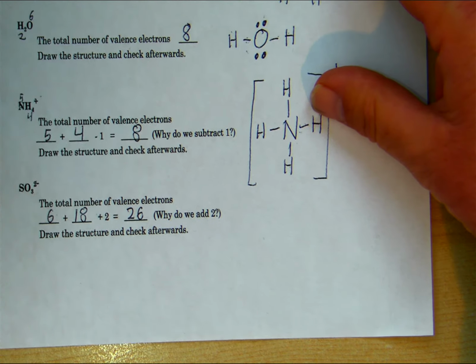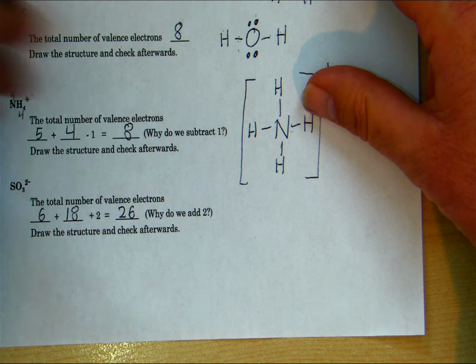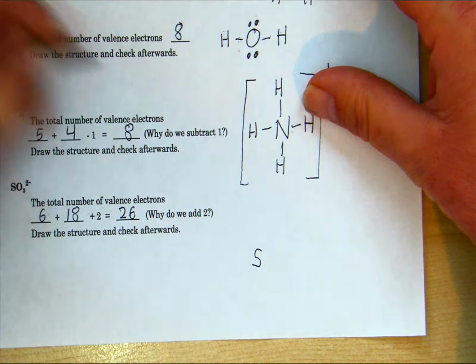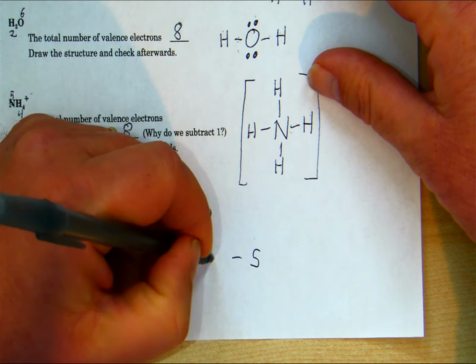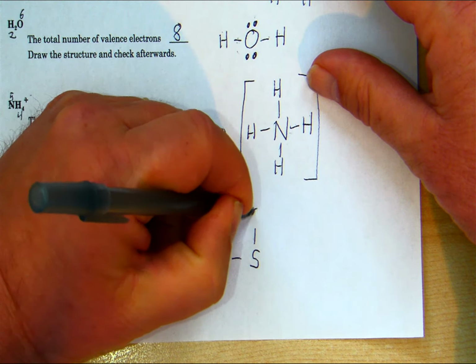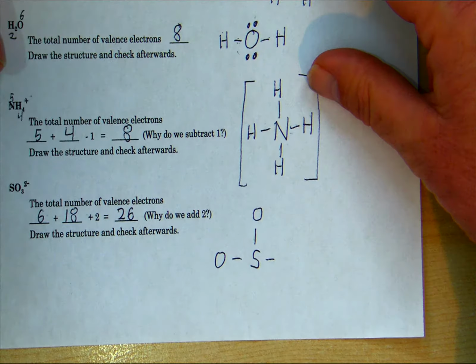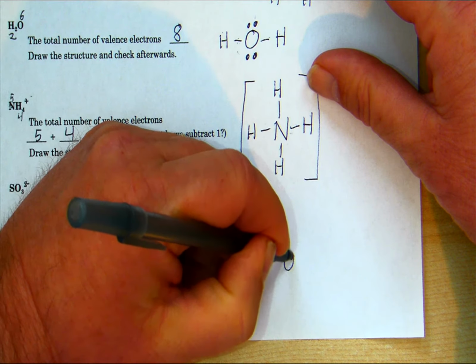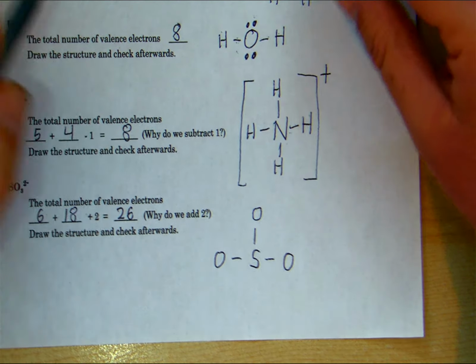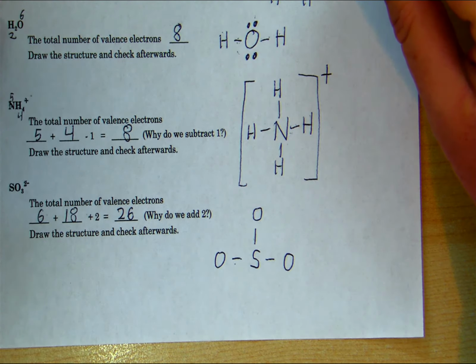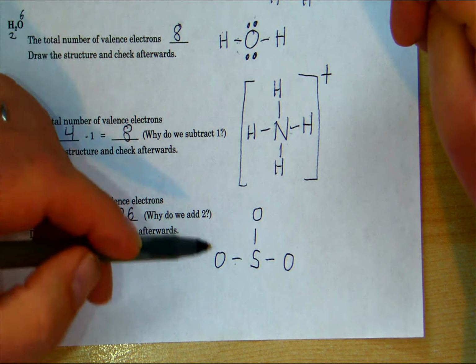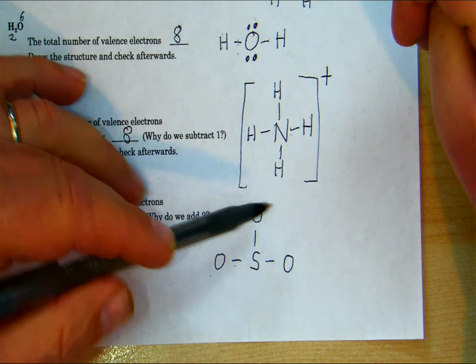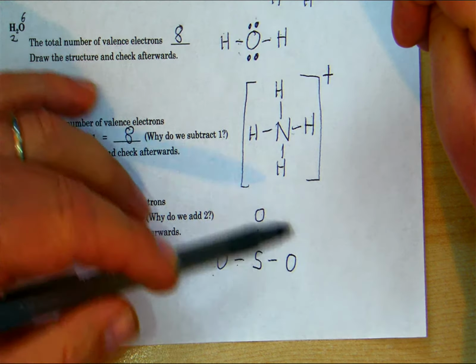I would begin by putting the sulfur in the center and try attaching an oxygen to the sulfur as a thought. This uses up 6 electrons. I still have 20 more to take care of. If I put 6 on each oxygen, that's 6, 12, 18.